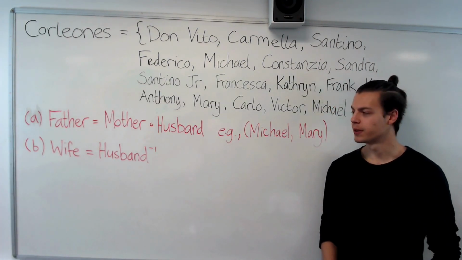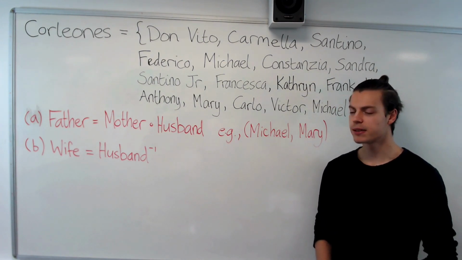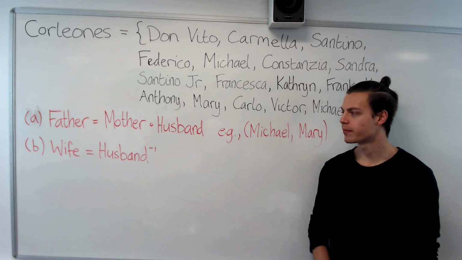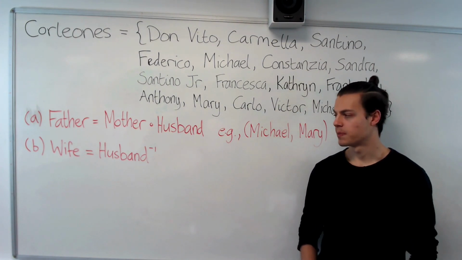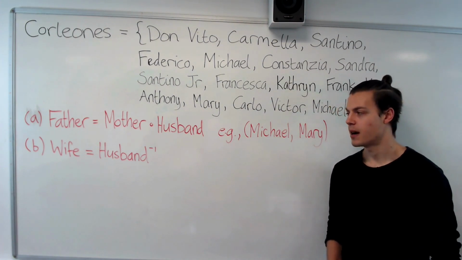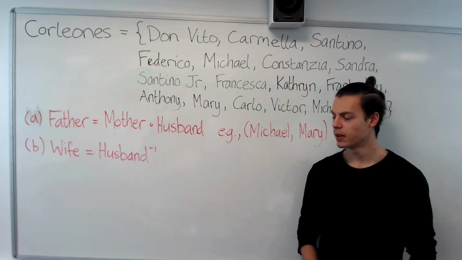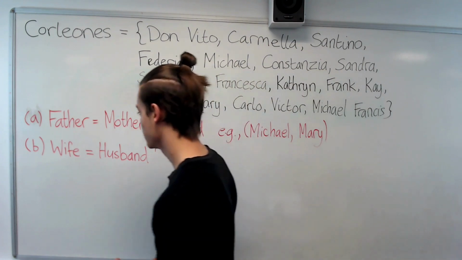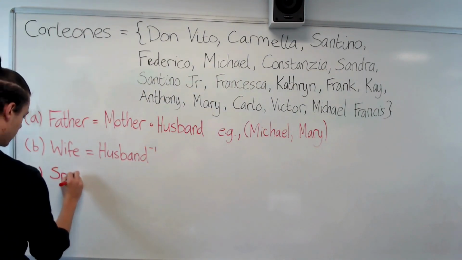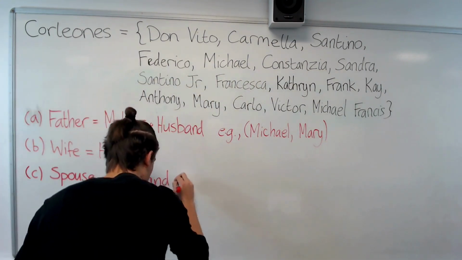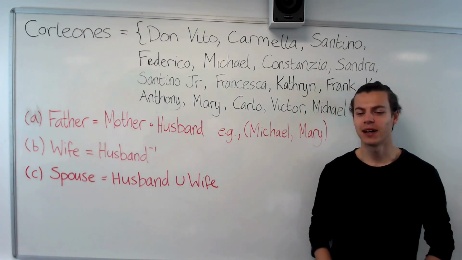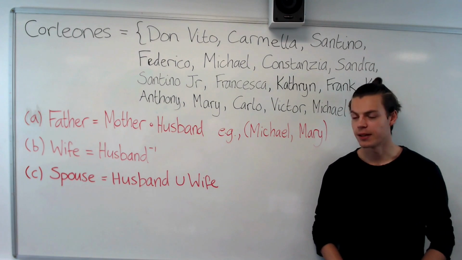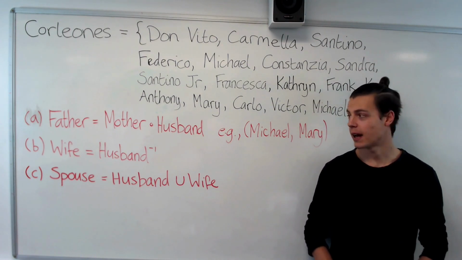Thirdly, we want to define the relation spouse in terms of the relations husband and wife. Now, a spouse can be either a husband or a wife, and so this is the union of the two relations. And finally, we are asked to define the cousin relation in terms of the relations parent and sibling.